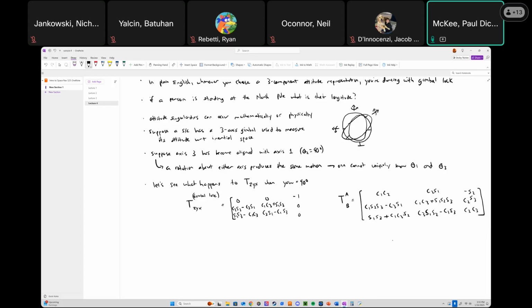And what we're going to see is this is a singular matrix. So a singular matrix means what? It is rank deficient, or it is not invertible.